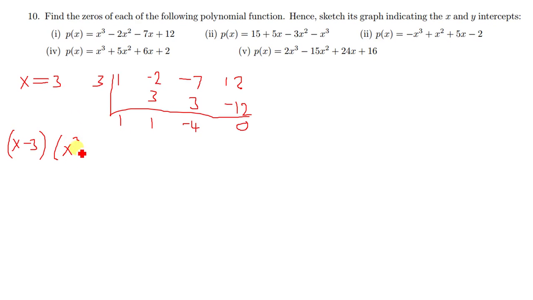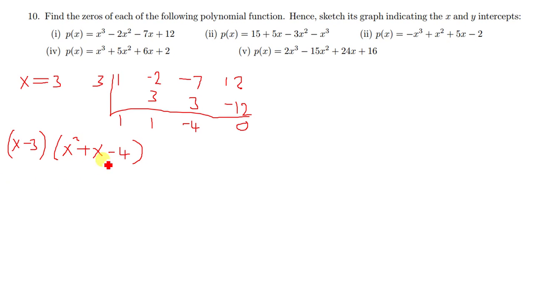So this is what you're going to have there, and then you have minus 4. So from there, what you're just remaining with is just factorizing this part.